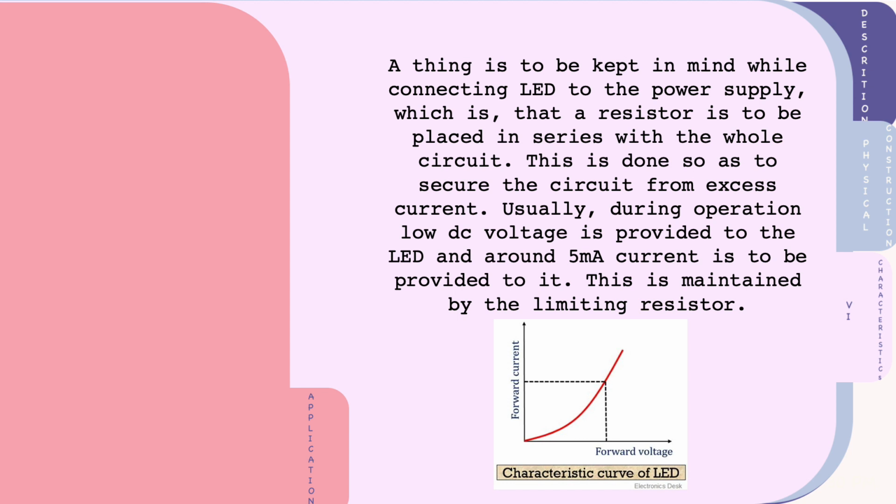Usually, during operation, a low DC voltage is provided to the LED and around 5 milliamperes of current is to be provided to it. This is maintained by the limiting resistor. As we can see, the x-axis represents the forward voltage, the applied voltage, and the y-axis shows the forward current flowing to the device.